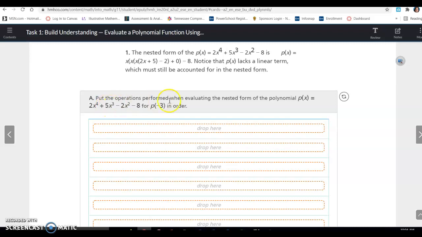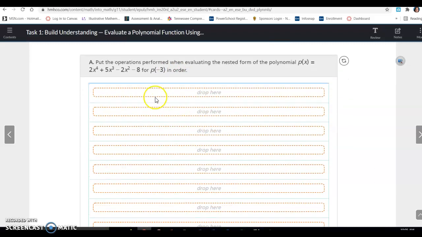Now it says put the operations performed when evaluating the nested form of the polynomial p of x in order. So we're evaluating p of negative 3, and they just want us to put the steps in order.